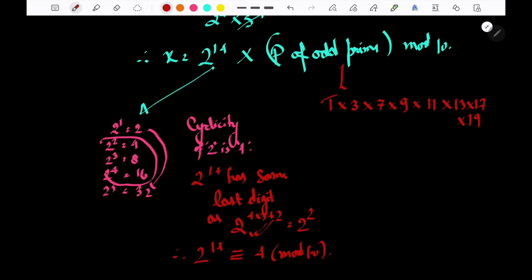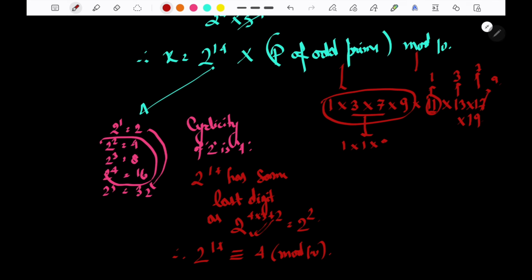Again, see here, very easy. We are required to find mod 10. So when 11 is divided by 10, it becomes 1, then 13 becomes 3, 17 becomes 7, 19 becomes 9. So 1, 3, 7, 9. Now this can be written as 9 squared, which is 81. A better way to count is 7 times 3 is 21, which again divided by 10 becomes 1.